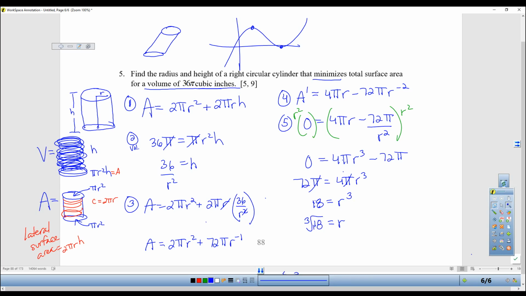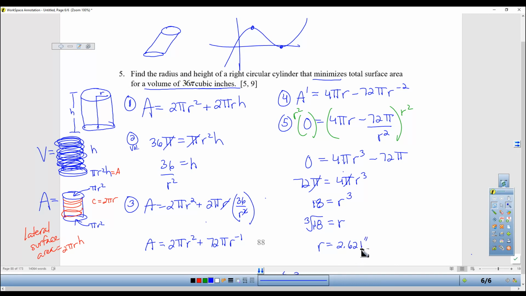So be careful here that when you put this into your calculator, you can do 18 to the 1/3, that's fine. You will get r is equal to 2.621, and our unit is inches. Volume is cubic inches, surface area is square inches, but radius is just that.